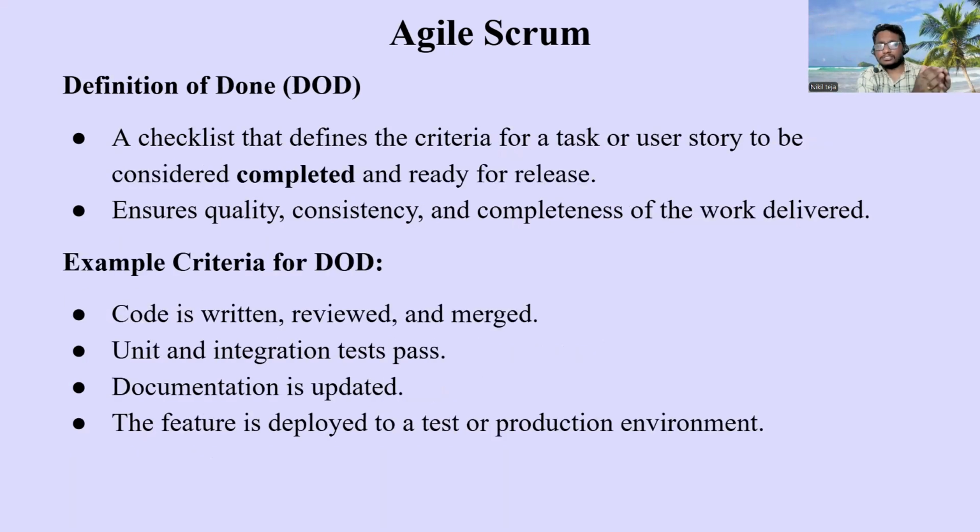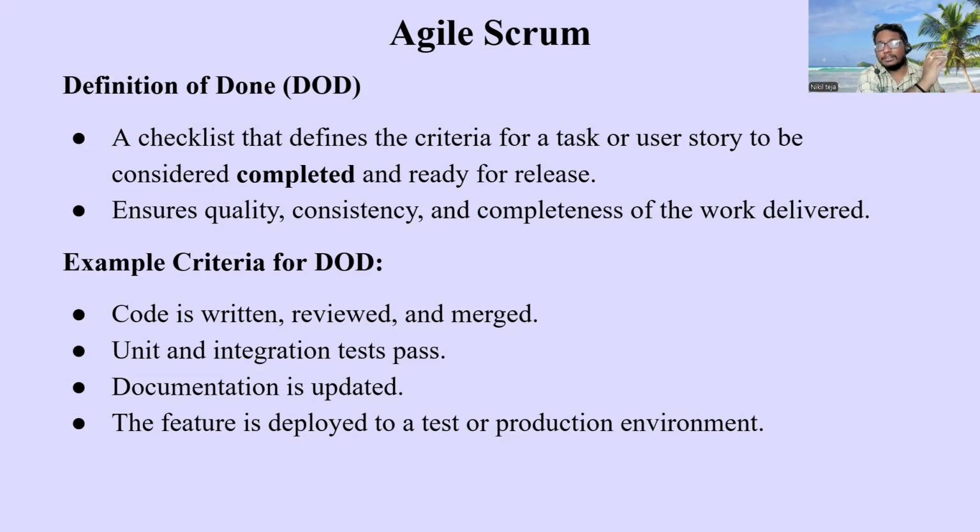DOD is somewhat different from DOR. DOD is the definition of done. What happens here is that in a particular sprint, the user story or backlog is completed, tested, and released for real users, like in the production environment.